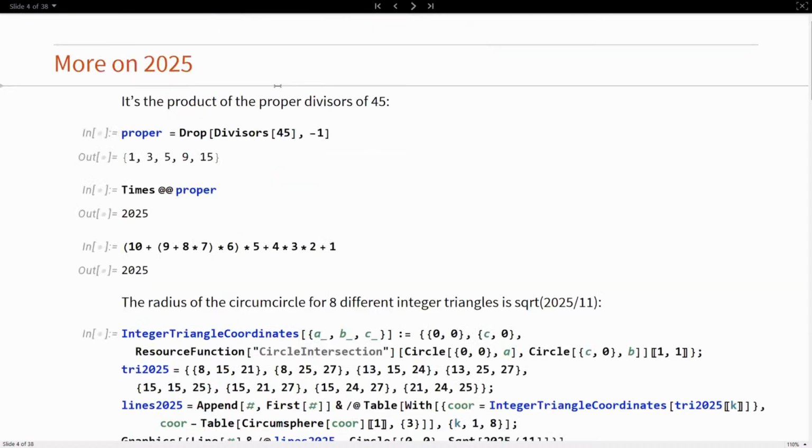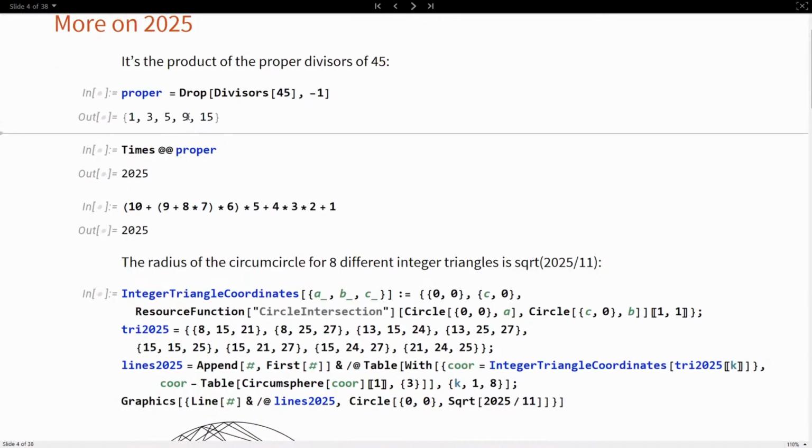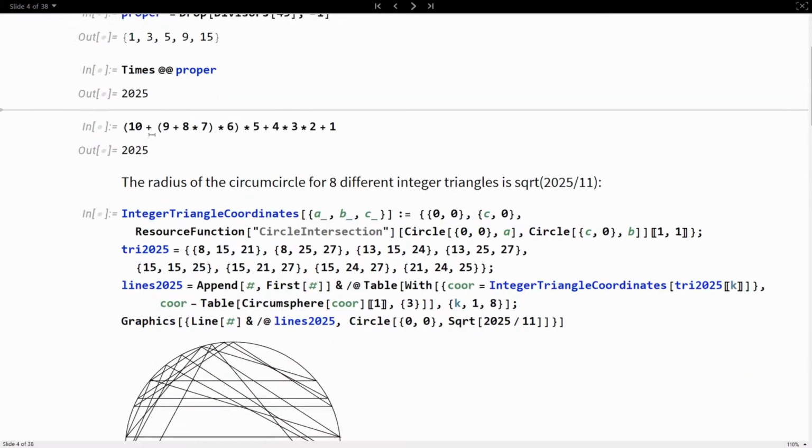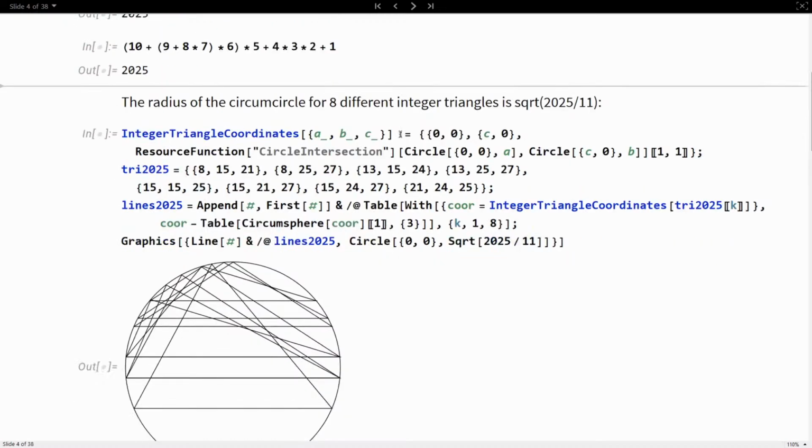But there's other properties for 2025. For example, it is the product of its proper divisors. These are the proper divisors. When you multiply them together, you get 2025. You can also express 2025 in this way.